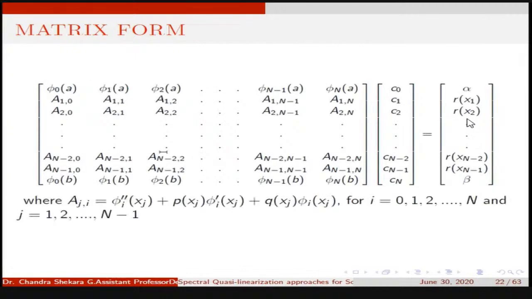So then we can solve the matrix system. Here this matrix is pi i double dash plus p times pi i dash plus q times pi i. It is a differentiation matrix. How to get this differentiation matrix is the very important point in this spectral collocation method.